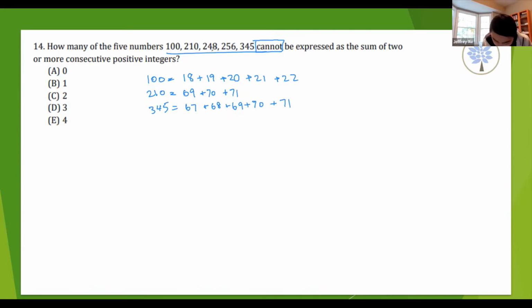So let's look at what it means if we can write it as a sum of 2 or more integers. So the number is equal to the number of integers multiplied by the average of those integers.